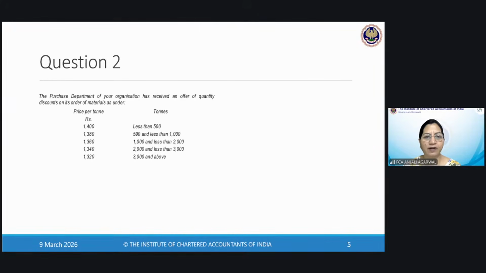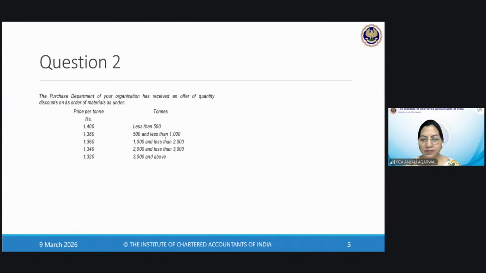Anything from 500 to less than 1000, you get a discount of 20 rupees, so the raw material will cost you 1380. Anything from 1000 units till less than 2000, the raw material cost will be 1360. From 2000 to 3000, it is 1340. And anything which is 3000 or above is 1320.